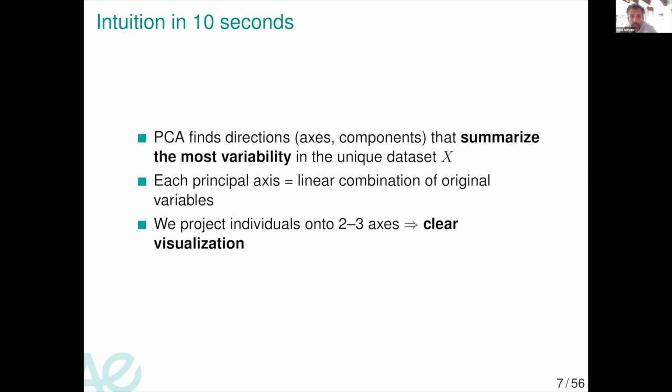And you want to find some components that summarize your dataset X. So principal component analysis will build principal axes that are linear combinations of your original variables. Then we can project the individuals onto several axes of this principal component analysis, which provides a clear visualization.